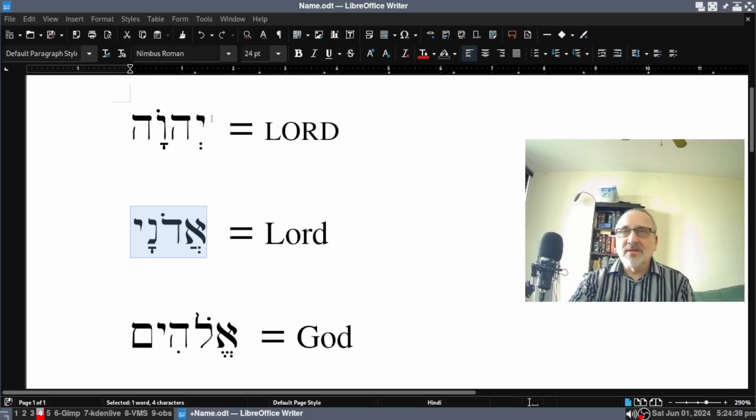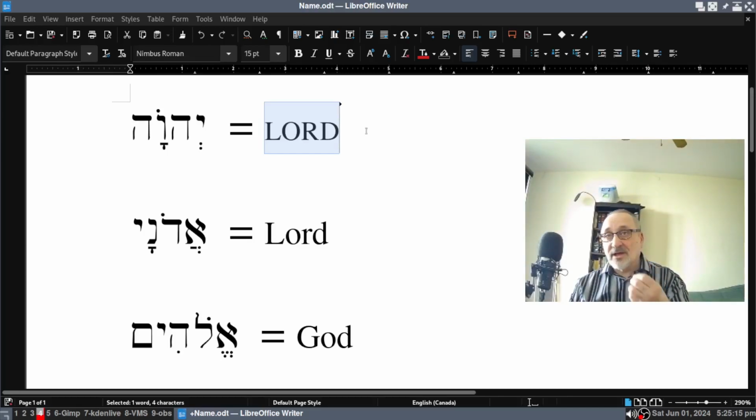What happened with the English Bible translations is that out of respect for Judaism and the Jewish scholars, going even way back to the King James Bible, believe it or not, when they were translating the Old Testament or the Tanakh, when they saw this word, they put it in all capitals. So you notice here, it's in all capitals. It's translated as Lord, and it's in all caps.